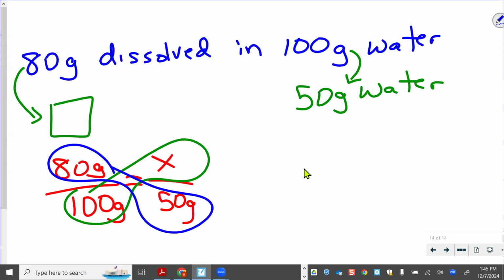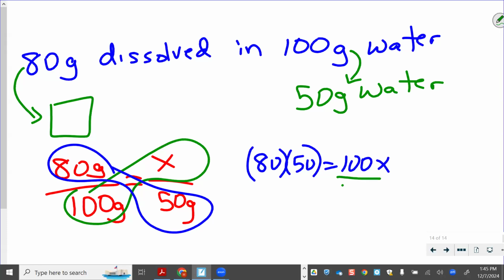So I will have 80 times 50 equals 100 times x. Need to divide by 100. So I could take out a 10 from the 50 and a 10 from the 80, and I'll get 40.